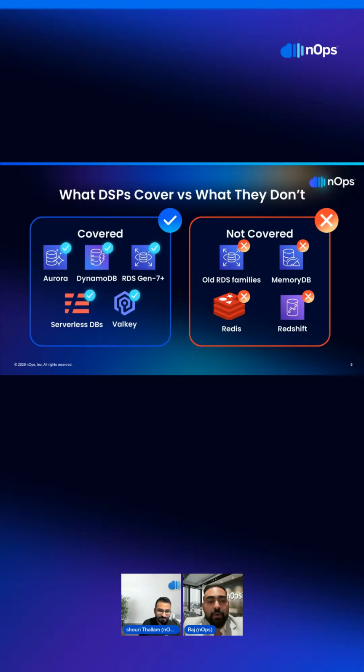Now, usually people talk about database savings plans because they have a mix of generations of instances and multiple services too, like the ones mentioned in the slide. Then it means I am always juggling between two commitment systems, RIs and savings plans. I've got no option, right?